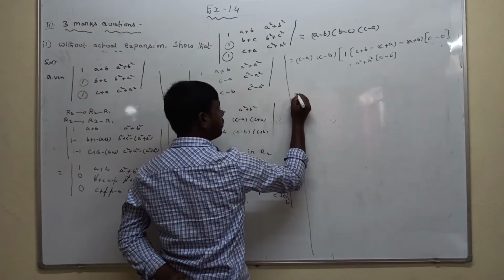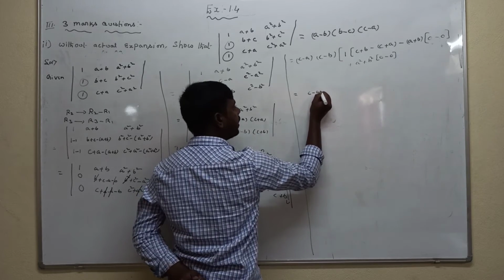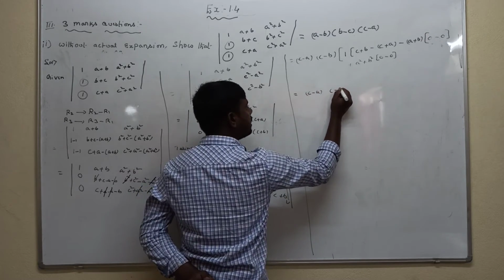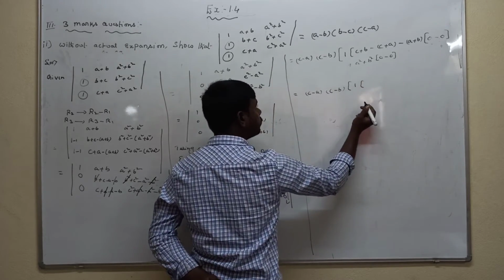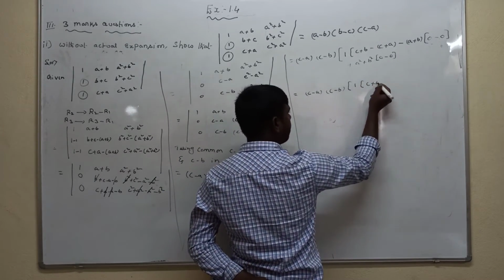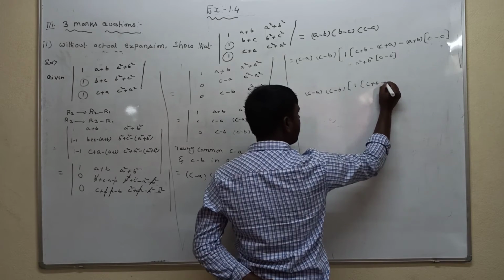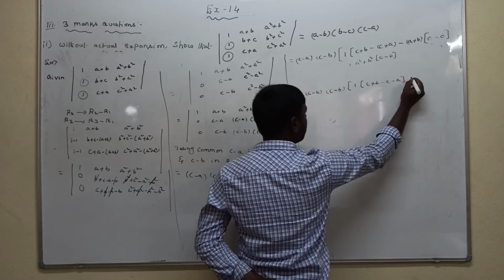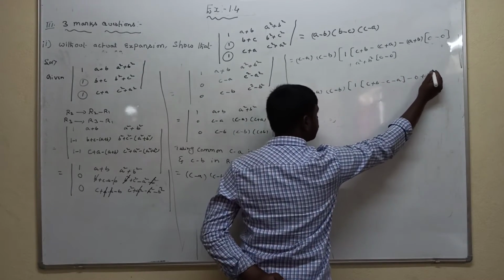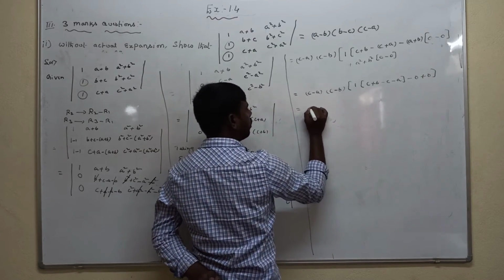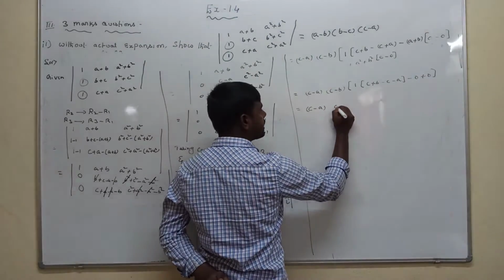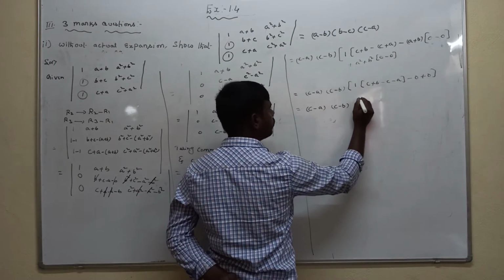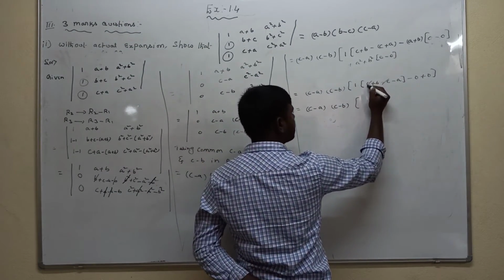Simplify this one. c minus a into c minus b, 1 into c plus b, product with negative symbol, minus c, minus c, everything will be 0. Now c minus a into c minus b into minus c plus c get cancelled.